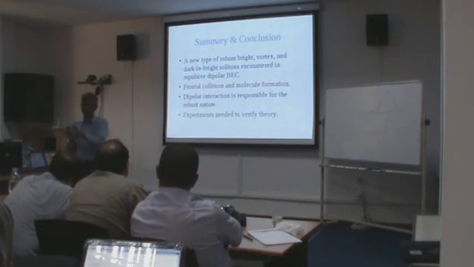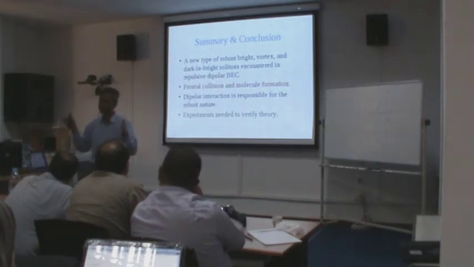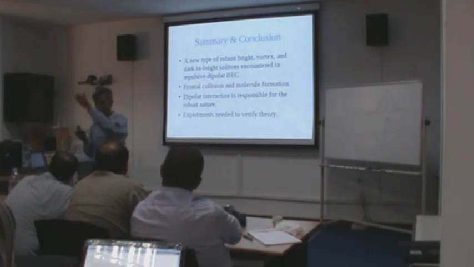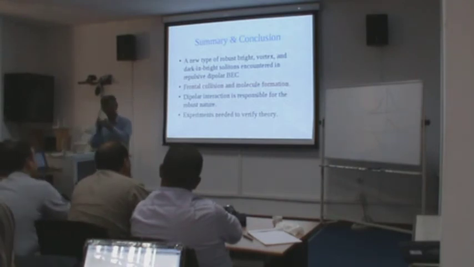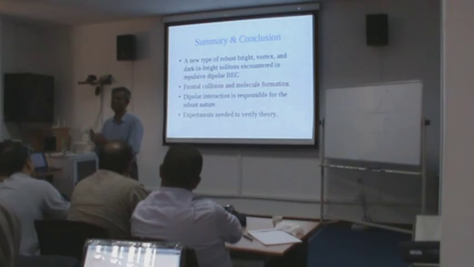The bound state and the prevention against collapse is done by only 1 interaction, the attractive contact interaction. Here it is done by 2 interactions: repulsive contact interaction and attractive dipolar interaction at 2 different length scales.